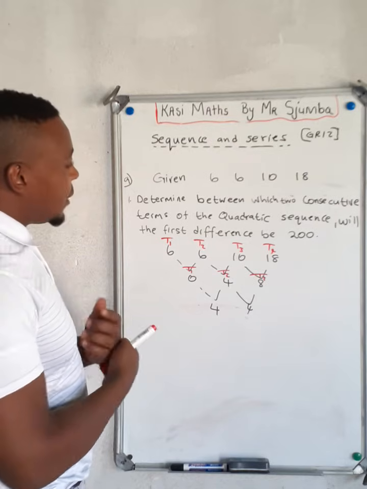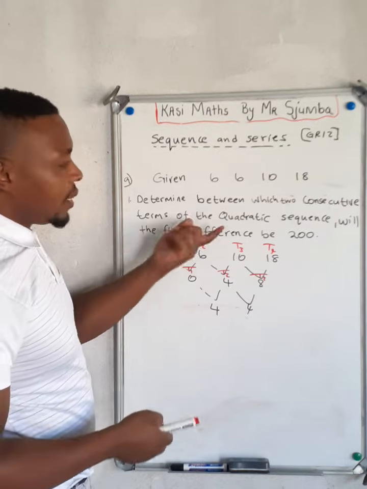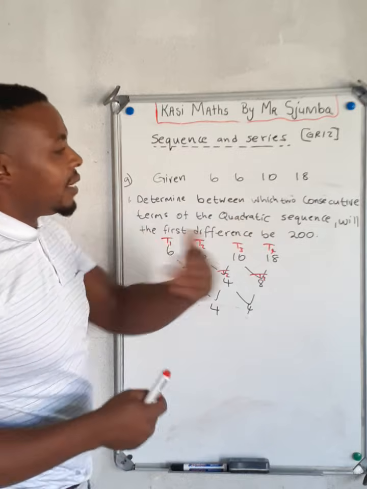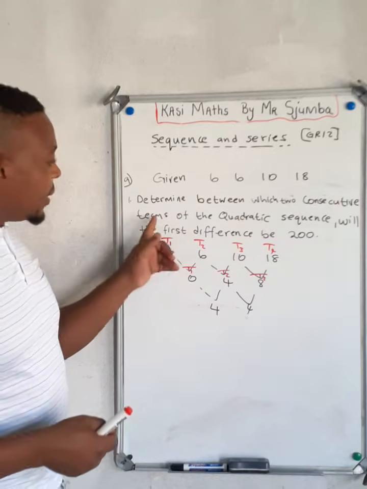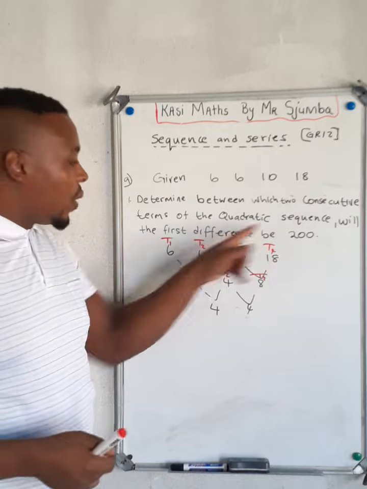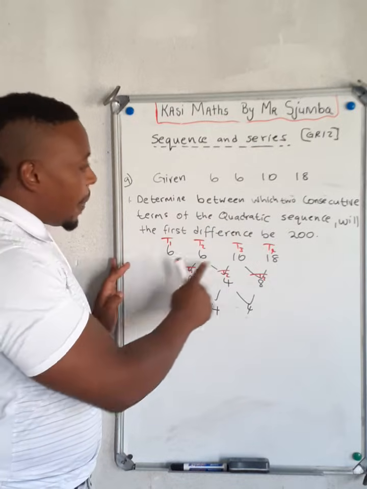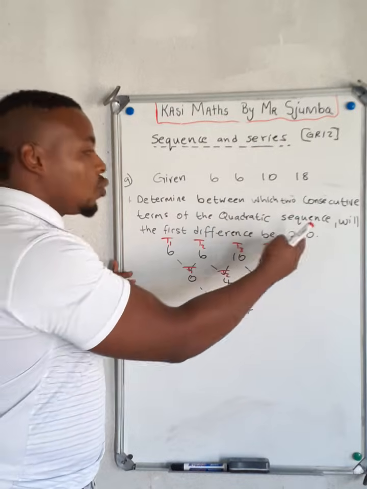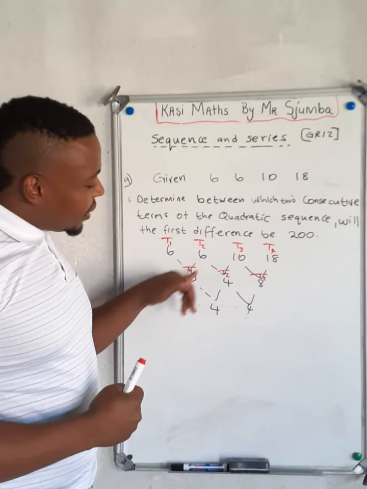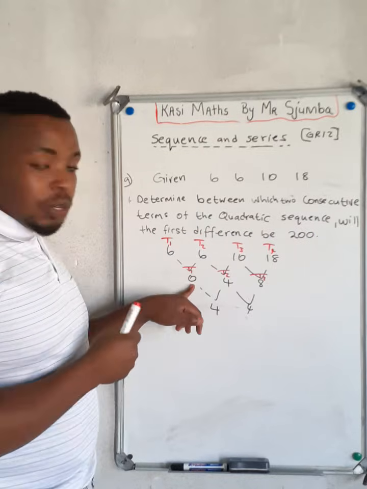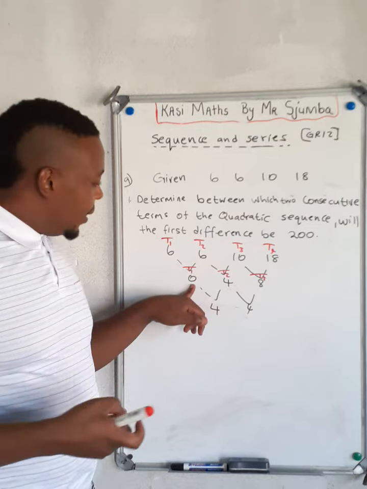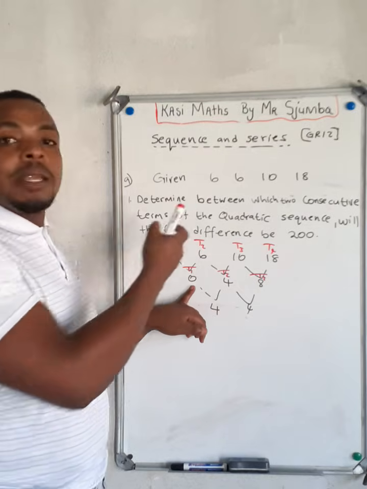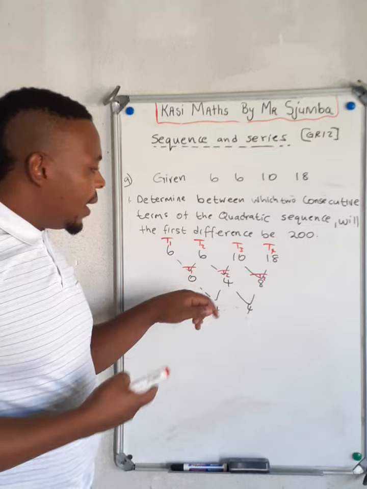So the question is, we should determine between which two consecutive terms of the quadratic sequence will the first difference be 200. The first difference, which is 4, is between term 1 and term 2 of the quadratic.